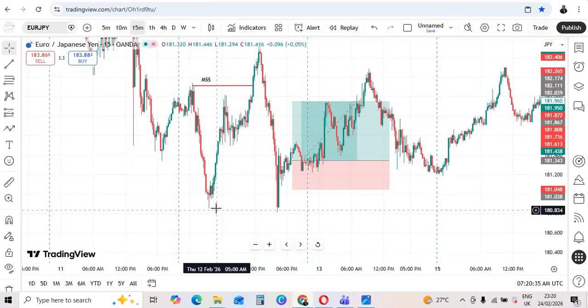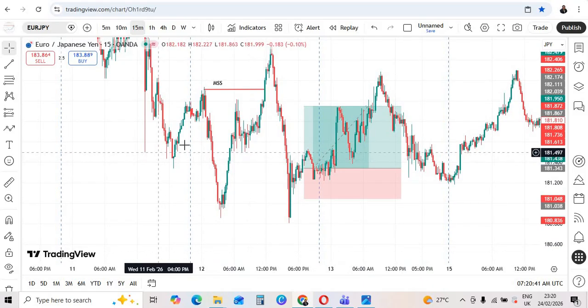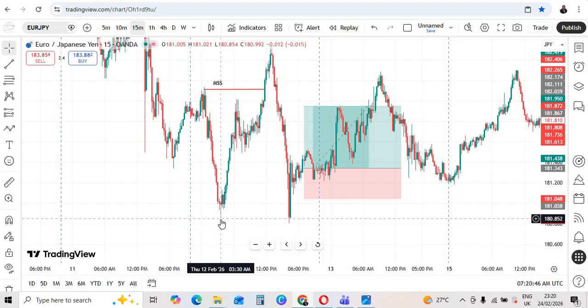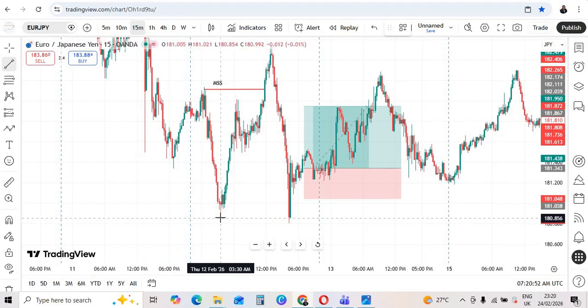So you can see that number one, if you look at the chart closely, we had a sweep. This was the last low before this sweep here. Don't forget, this was the last low. So we're having a sweep.